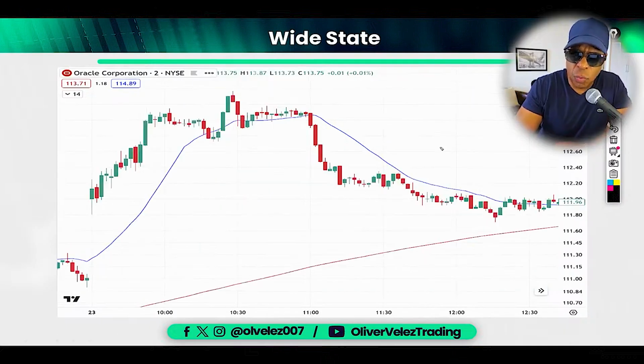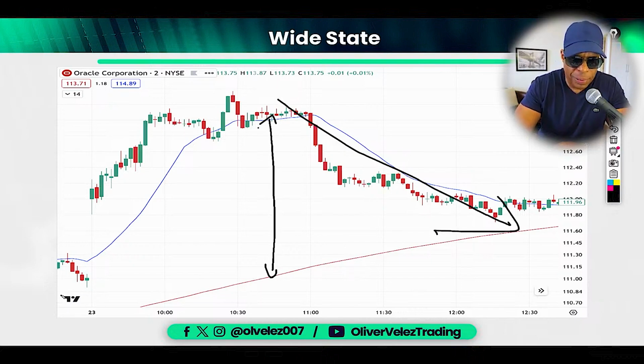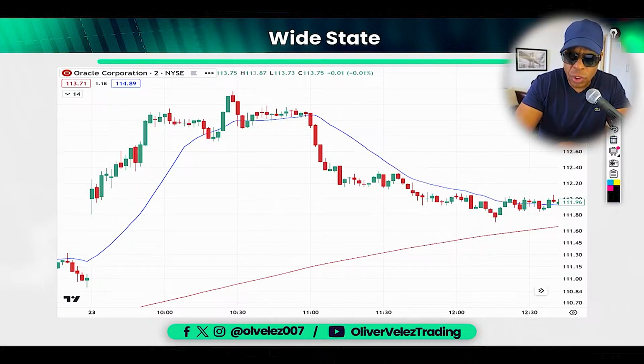Okay, this is your wide state. Now, guys, it's not the subject today of wide state, but we play wide states back the other way. We play narrow states up and we play wide states down. So a wide state down would be power bar entry. Same thing. Look, power bar entry, stop, color change, profit take. Same thing.